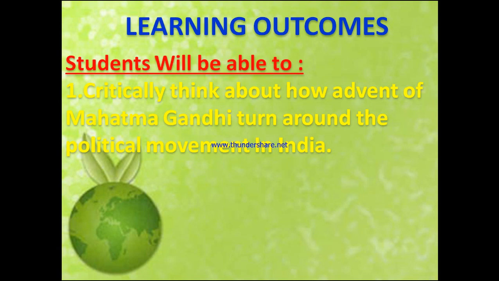Then Mahatma Gandhi entered India in 1915, and the movement was led by him from 1920. Students are able to understand and explain his entire leadership and the movements he started till 1947.